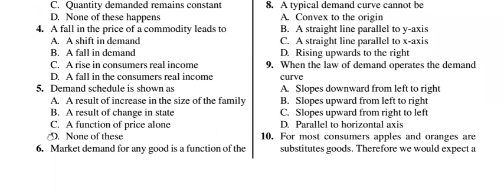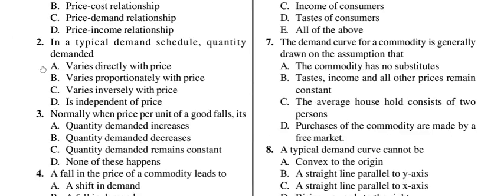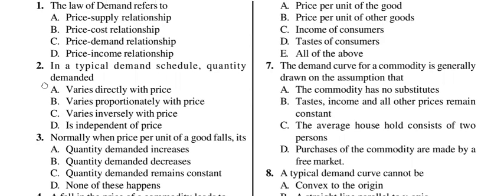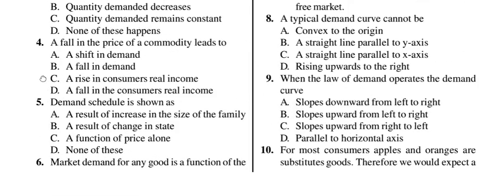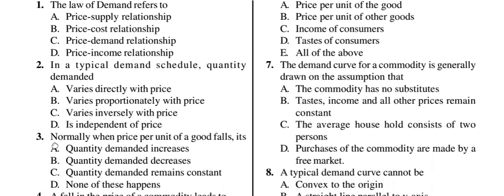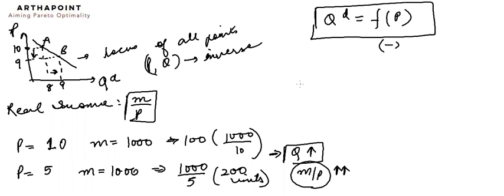Market demand for any good is a function of A, price per unit of the good, price per unit of other goods, income of the consumer, taste of the consumer, all of the above. The answer is E, all of the above. So we are now talking about what the demand of any good depends upon, market demand and also individual demand.